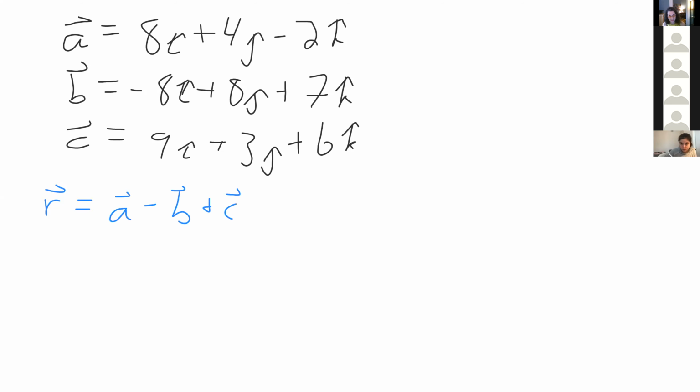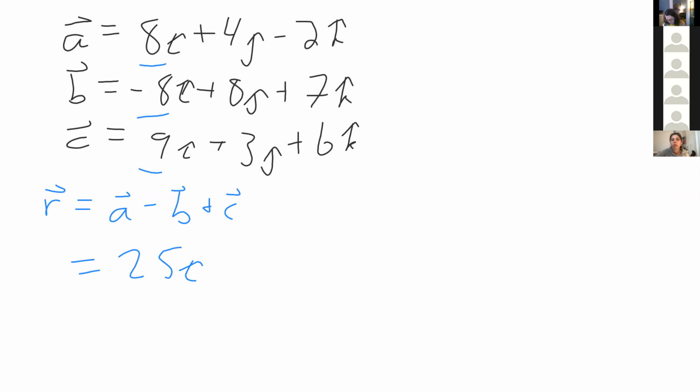So no dot product, no cross product here. We just combine or do the operations on each component, the i's, j's, and k's. So for the x components, we need to do the same thing for each one, right? We take A, subtract B, and add C. So we do 8 minus -8, which will give us 16, and then add 9. So 16 plus 9 will give us 25 i hat.